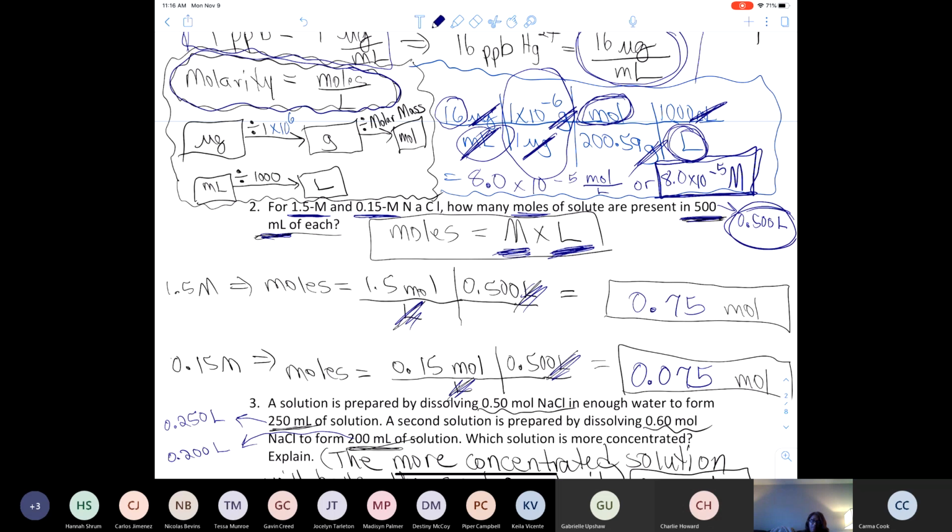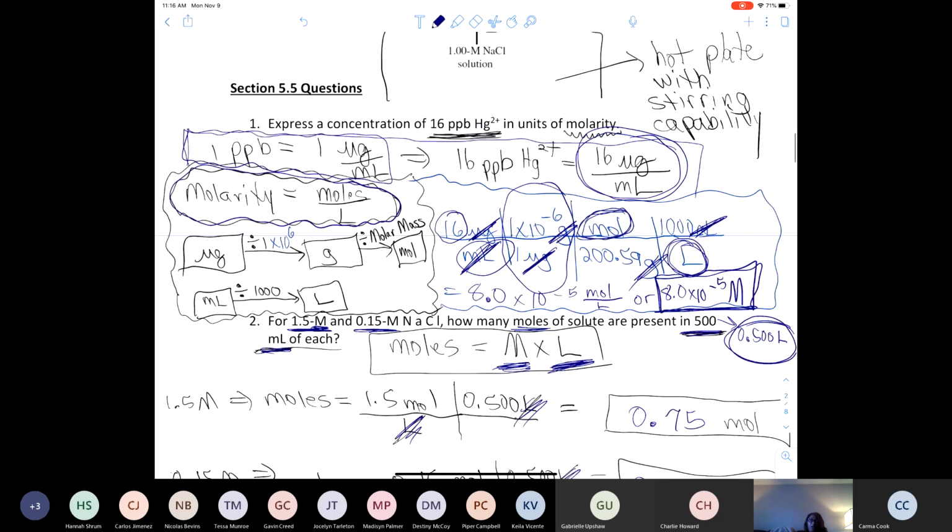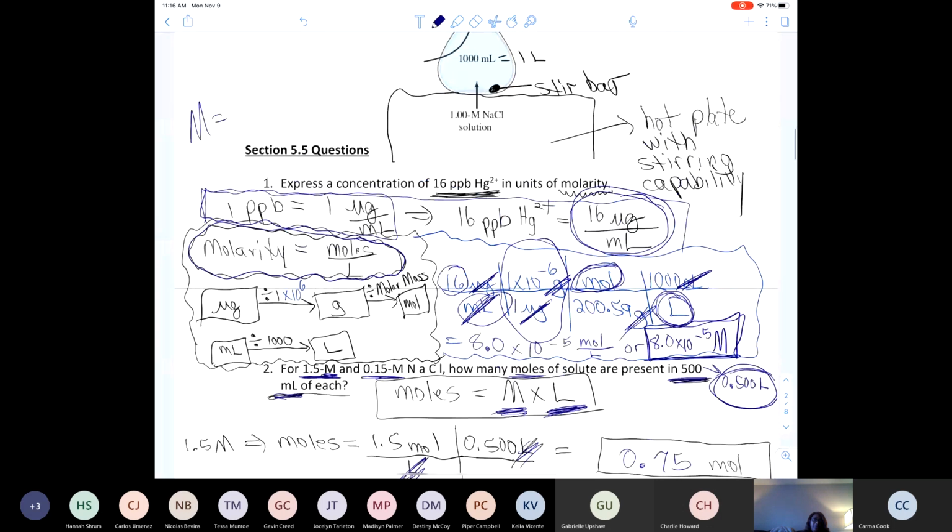And knowing that the 1.5 molarity, that's 1.5 moles per liter. So therefore, you can see that with the molarity equation being moles of solute per liter of solution, if you know two of those three variables, you can calculate the third.